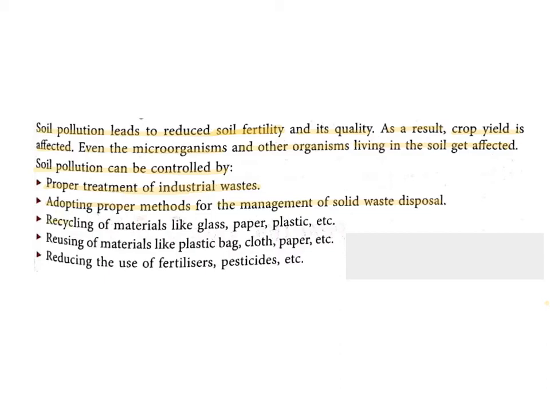Next point, recycling of materials like glass, paper, plastic, etc. Children, recycling of these materials will reduce the amount of solid waste produced. Next point, reusing of materials like plastic bags, cloth, paper, etc. Next, reducing the use of fertilizers, pesticides, etc.